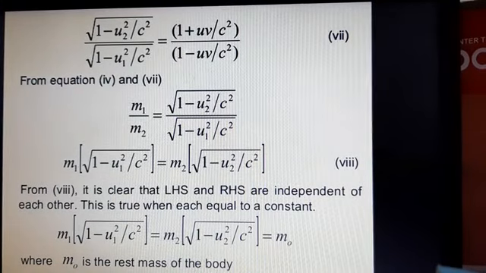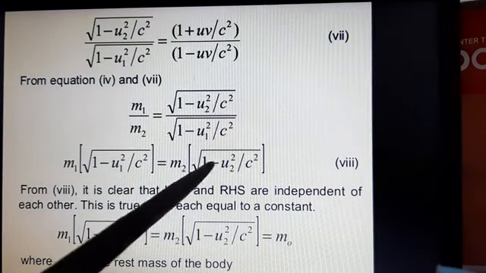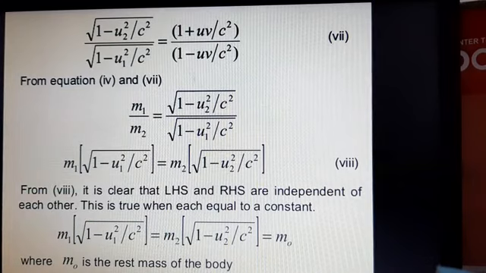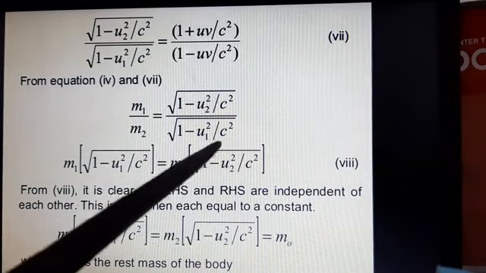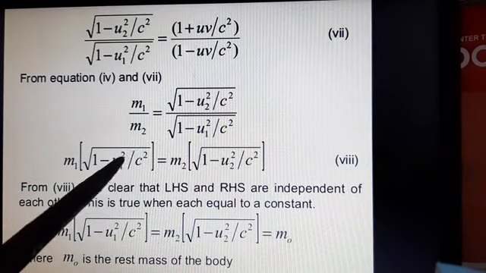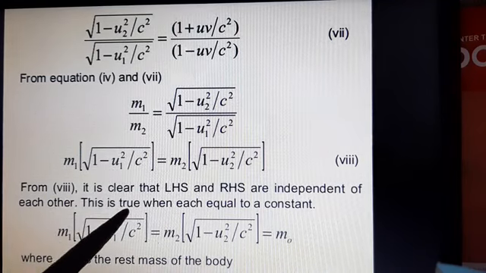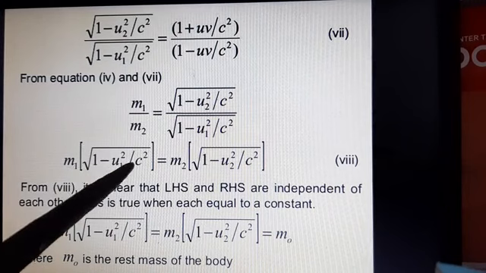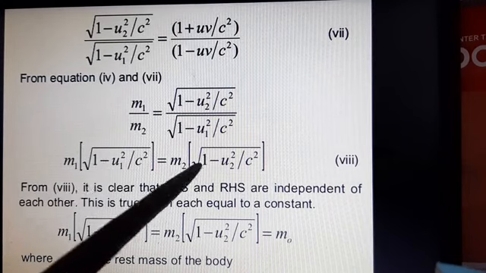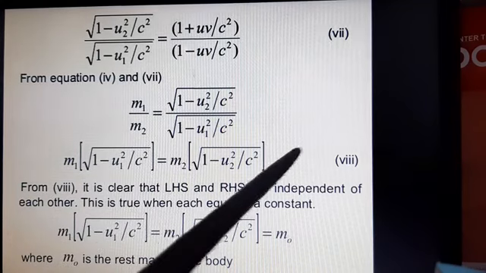From equation number 8, it is clear that the left hand side and right hand side are both independent of each other, and we know this is true when each is equal to a constant, because by symmetry in the two equations we can consider one constant and another constant.